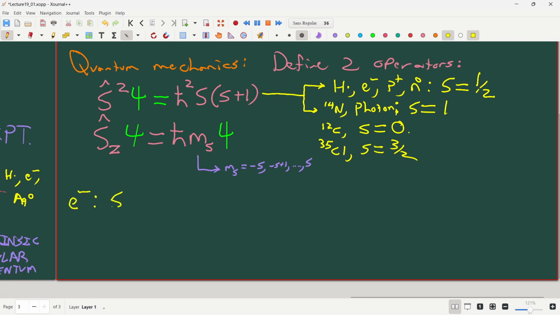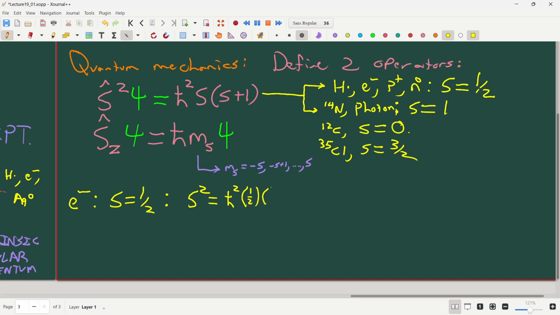All right, so S is equal to 1/2, which means that S squared is equal to h bar squared times 1/2 times 3/2. Right, that's 1/2 plus 1. So 3h bar squared over 4.